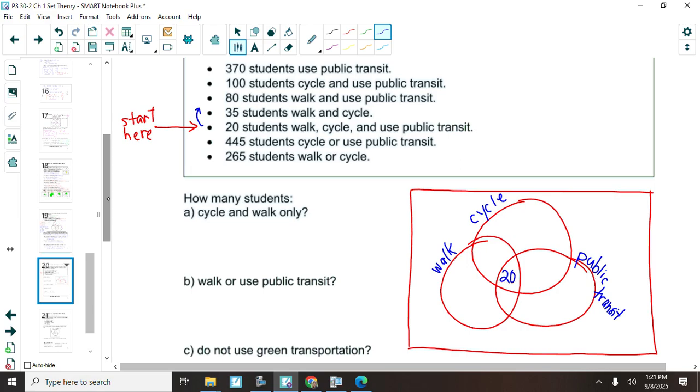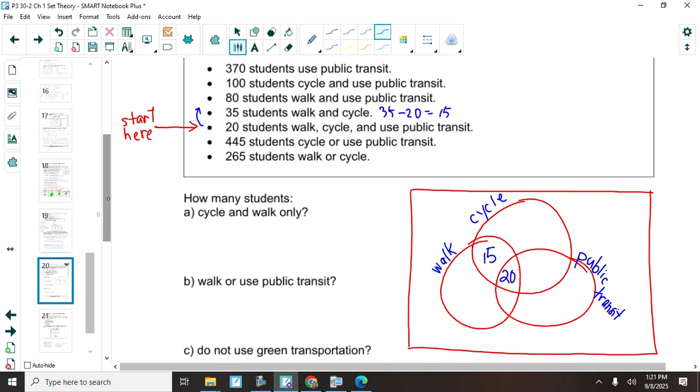35 students walk and cycle. So walk and cycle is my intersection here, my eyeball. I already have 20, so I need to get to 35. If it's helpful, you can do 35 minus 20, which gives you 15. That's where I did my math. Next, 80 students walk and do public transit.